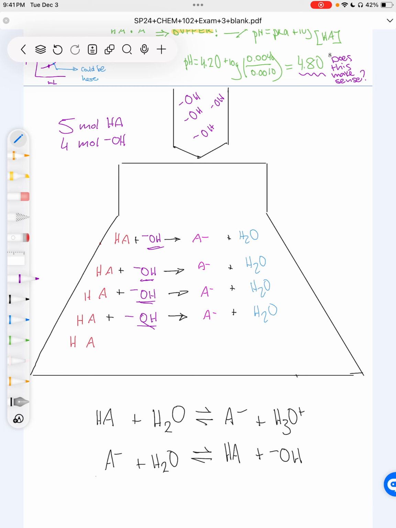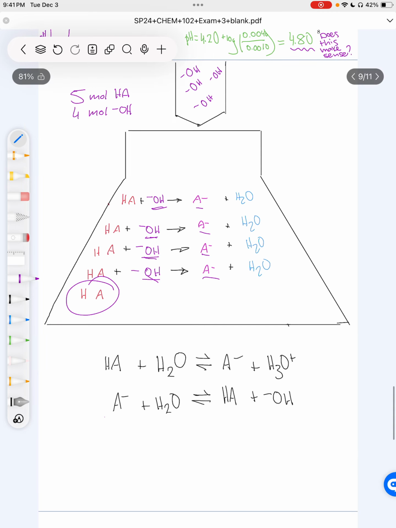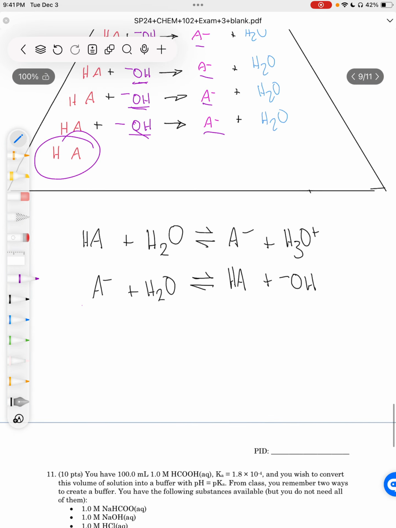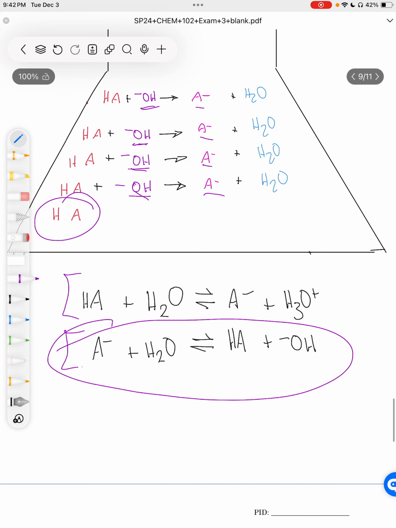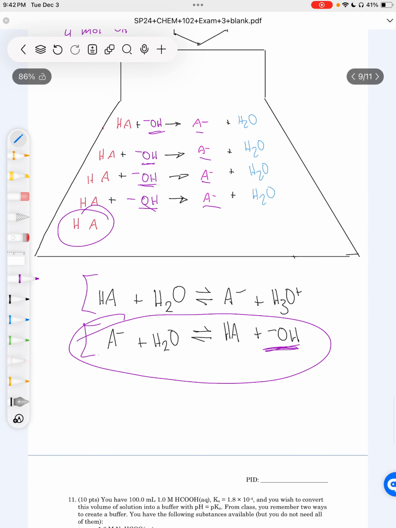So then we get 4 conjugate bases, and we're left with only 1 weak acid. So that's why we've got a buffer solution, which are these two equations. And this bottom one is working a little bit more because we've got more of our conjugate base, making a little bit more hydroxide, which is why we're getting a slightly more basic solution.